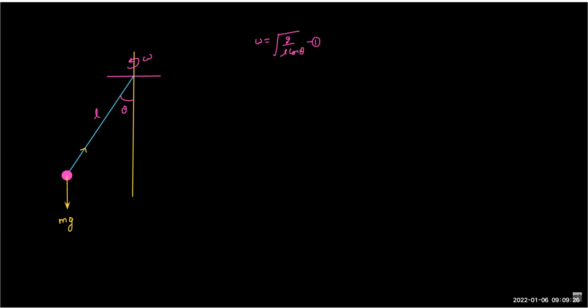And next is the path. So we have this path, and let's name the point O.